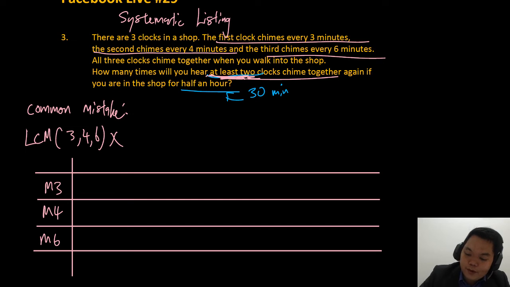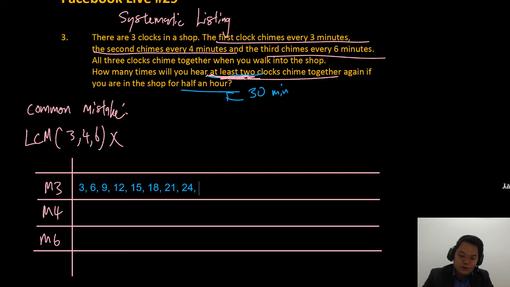Because you are in the shop for 30 minutes only, you want to list out all the times that the clocks are going to chime. So this will be 3, 6, 9, 12, 15, 18, 21, 24, 27, and 30. You are going to include the 30th minute in there.